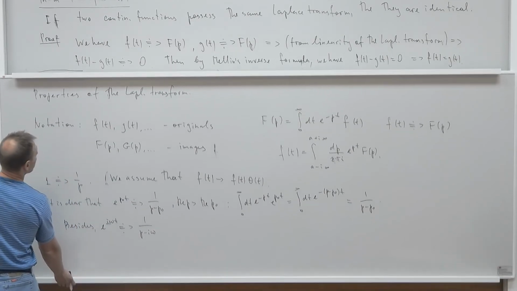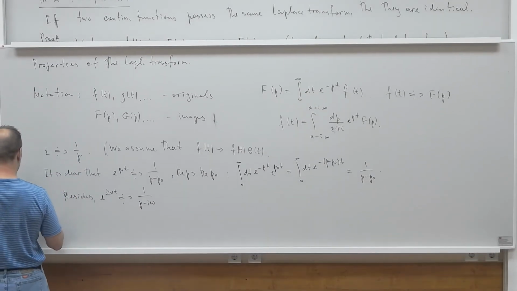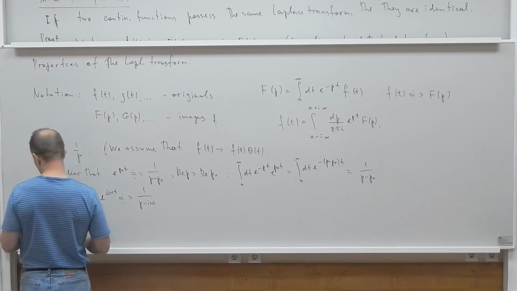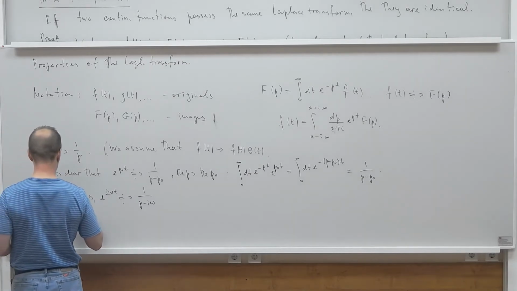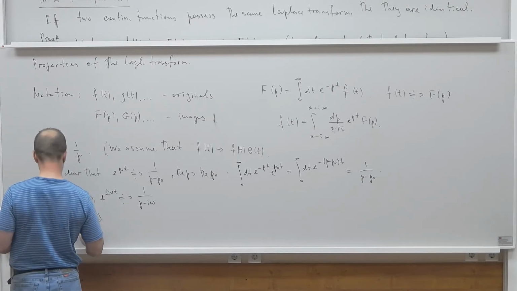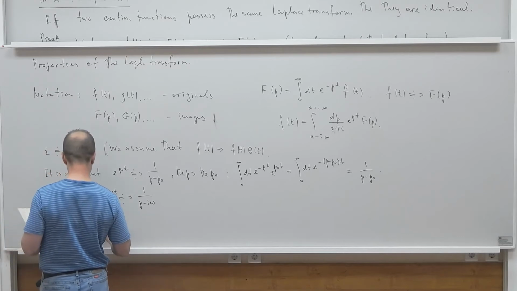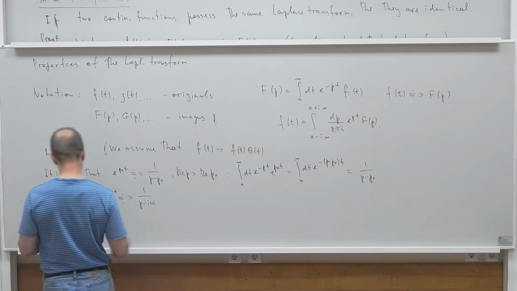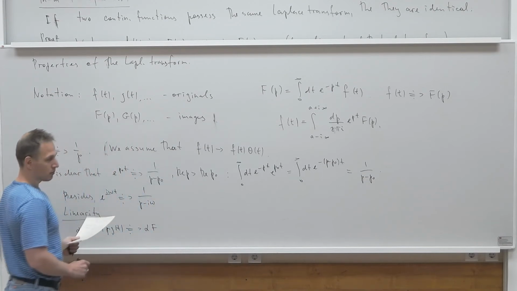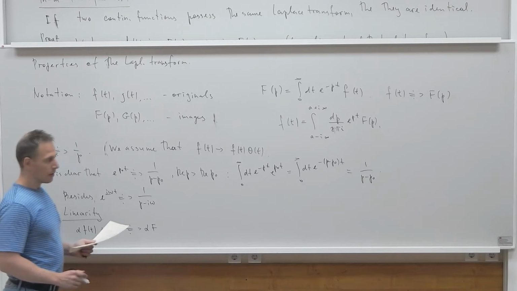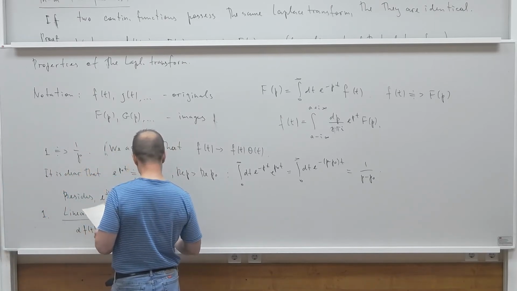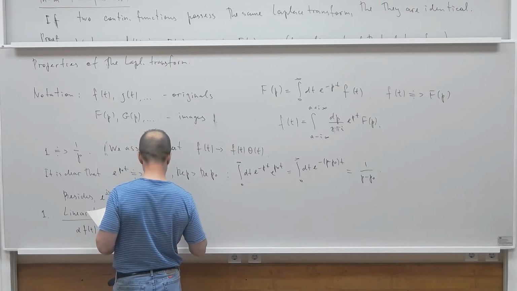Okay, let us turn to the properties. The first property, which is evident and in fact was used in the proof of the previous theorem, is linearity. The Laplace transform is given by this formula, namely a linear combination of originals is transformed into a linear combination with the same coefficients of the corresponding Laplace images.